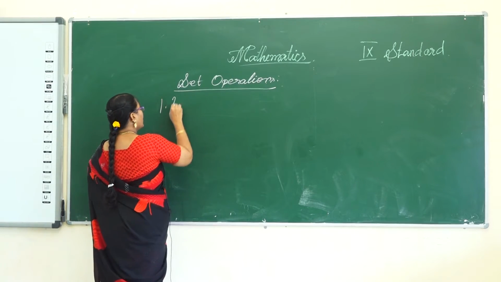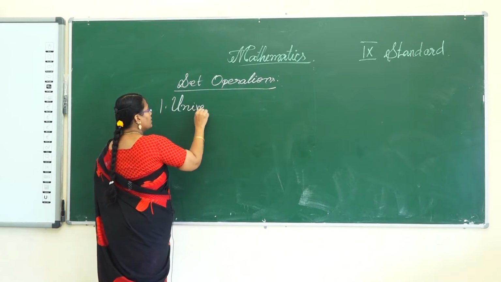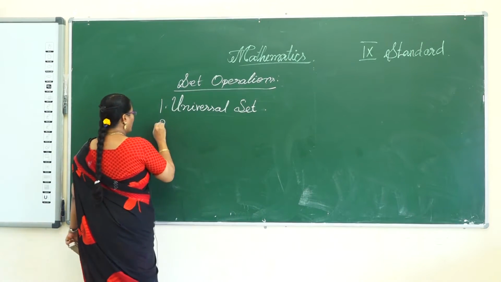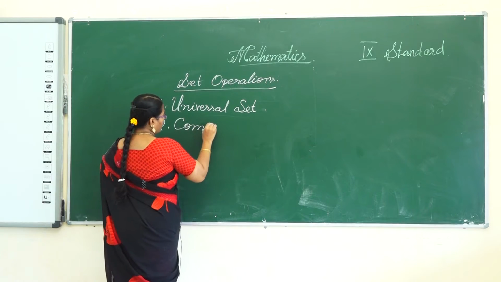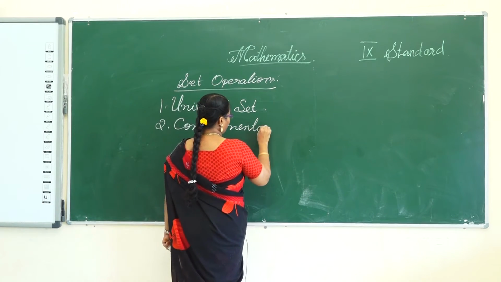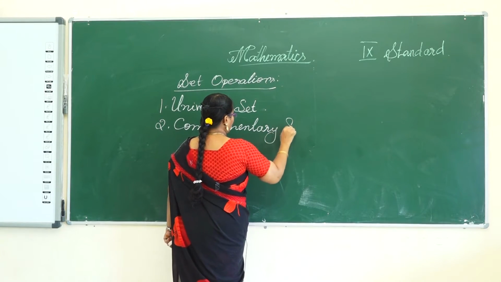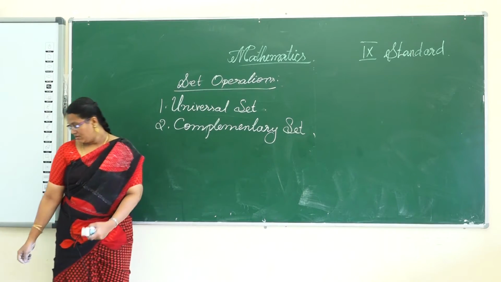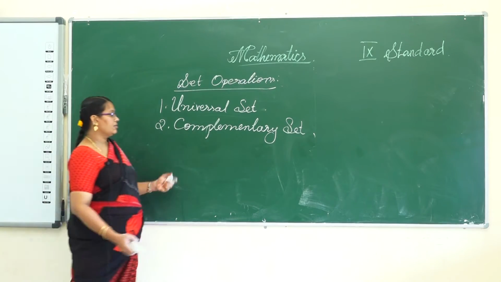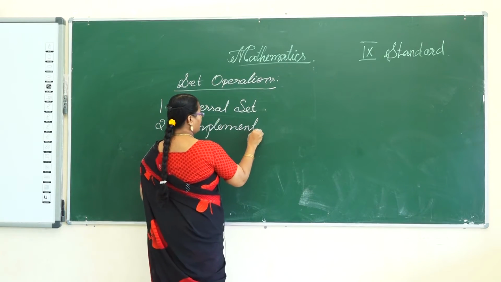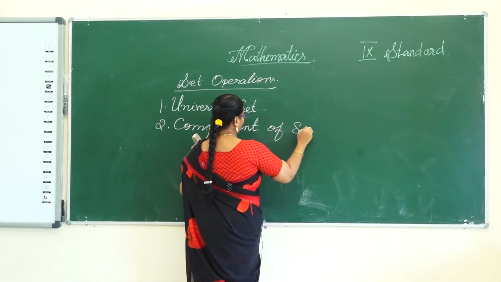First one, universal set. And second one, complement of set.